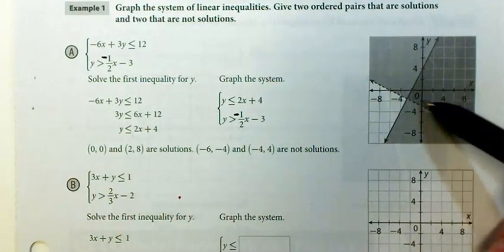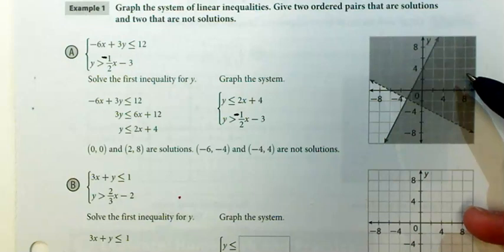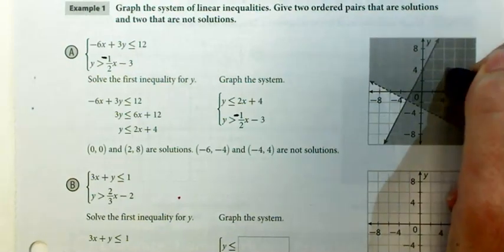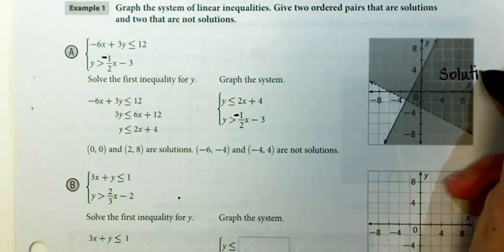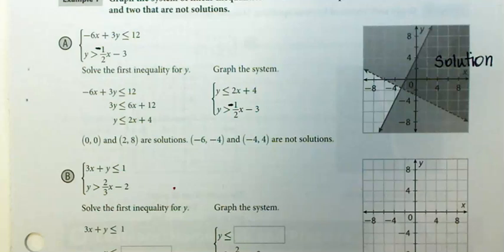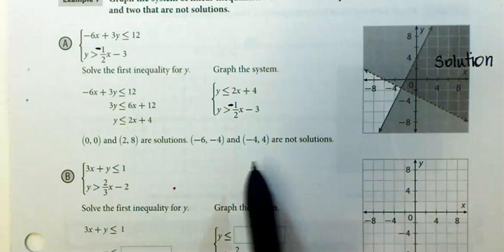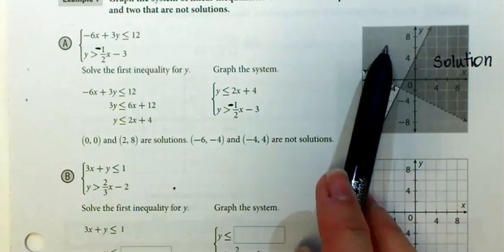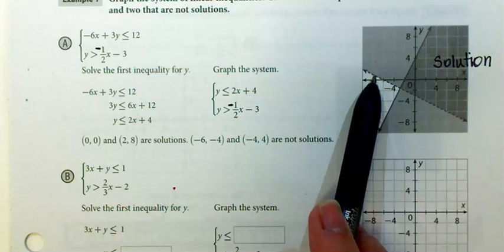So you can see that this extra dark area is where both shaded areas overlap. So this is your solution, okay? Any point in that double shaded area, I guess you could say, would be a solution to this system of inequalities, okay? If you picked a point here, it's a solution to this one inequality, but not both of them.